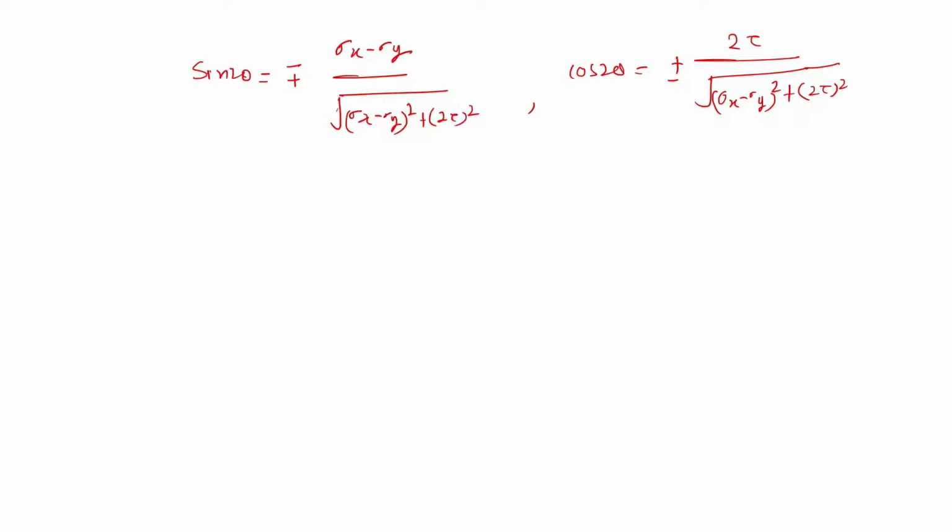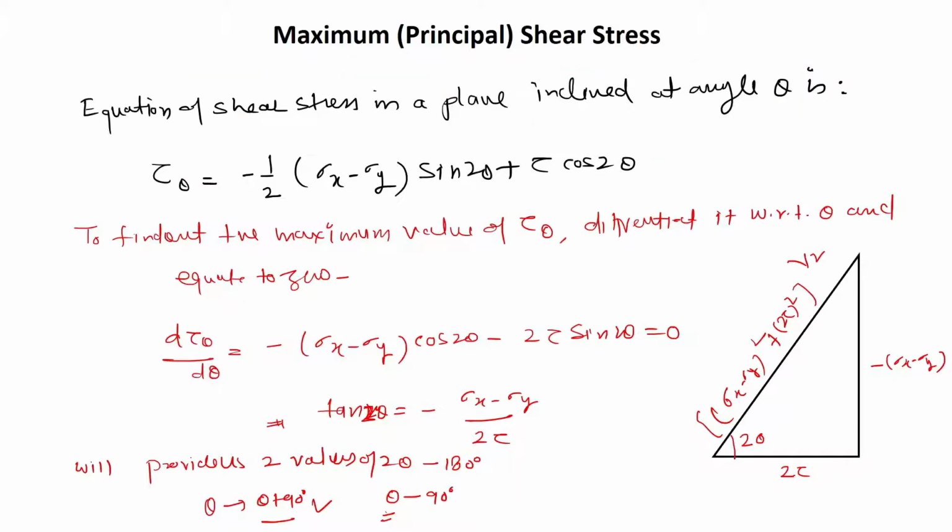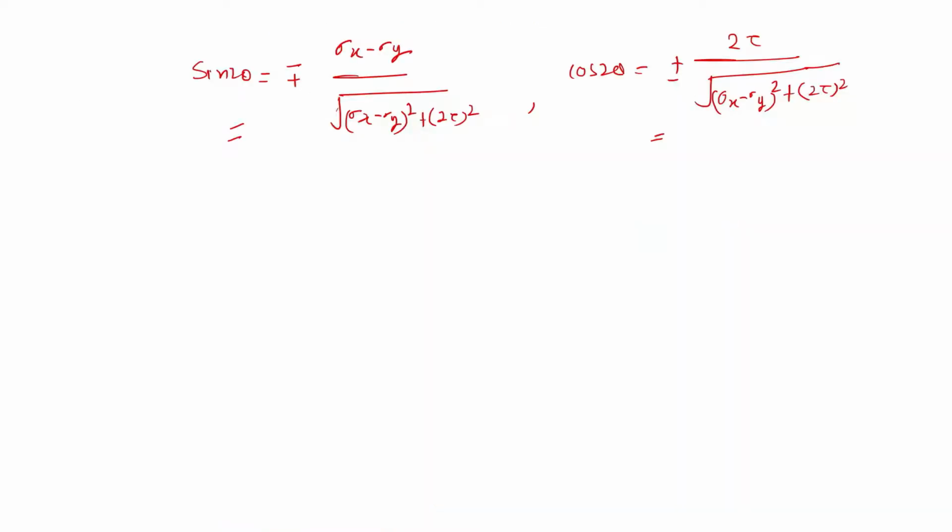In these two equations, the right hand sides must have opposite signs, because in the formula of tan 2 theta there was a minus. If we use the plus sign with cos, then we have to use the minus sign with sin 2 theta, and if we use the plus sign with sin 2 theta, then we have to use the minus sign with cos 2 theta.